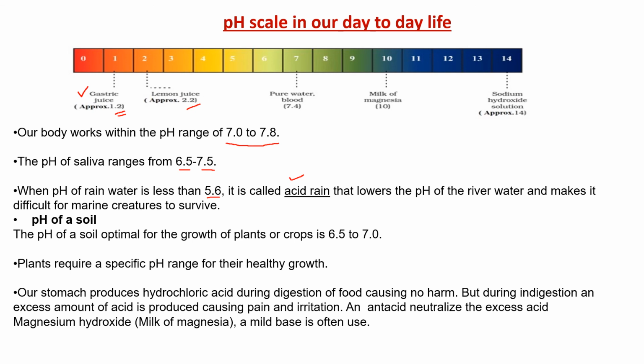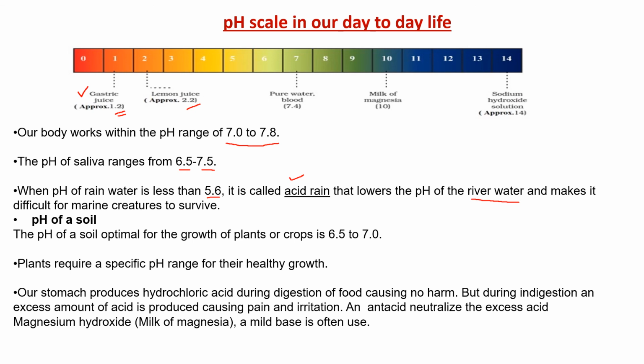When this rainwater goes and mixes with the nearby river or water lands, what will happen? It makes that river or those water resources acidic, okay? And it makes it difficult for marine creatures to survive. Even the creatures in rivers and ponds find it very difficult to survive because of the acidic nature of water.